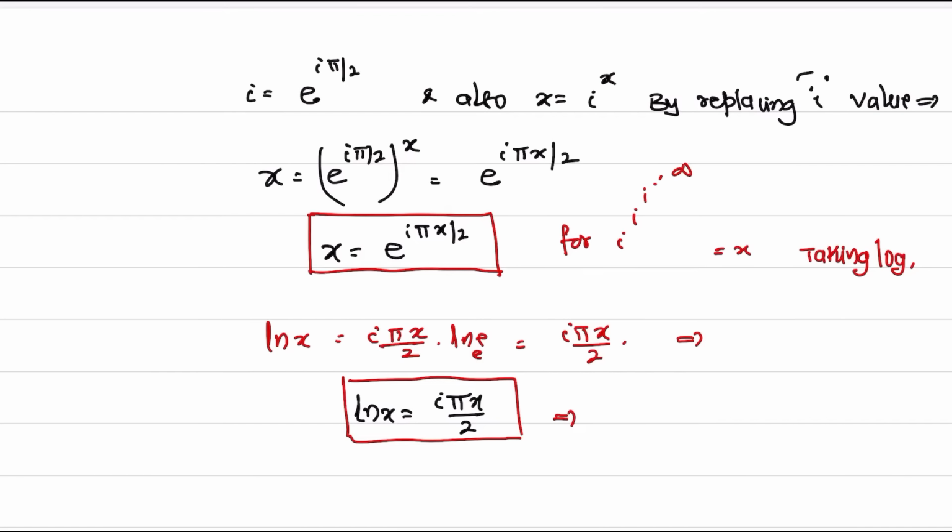This represents ln x is equal to I pi x by 2.